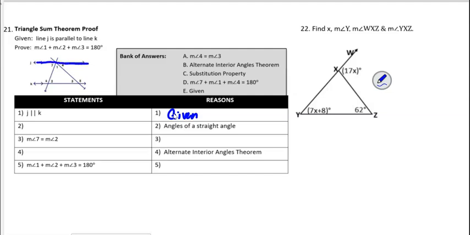So what are those angles? So that's our measure of angle 7 plus our measure of angle 1 plus our measure of angle 4 equals 180, right? So we've used that, and we've used that. Then it says angle 7 is equal to angle 2. Why? Because they're alternate interior angles, right?